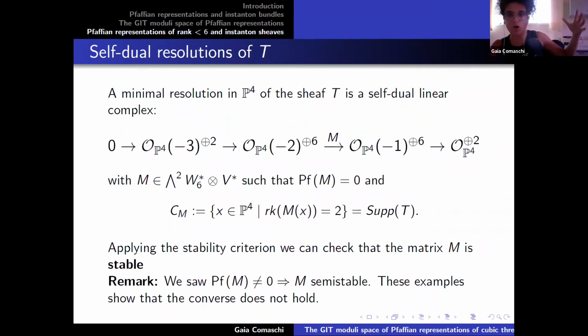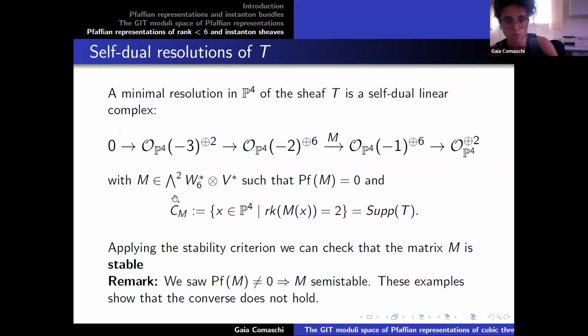So we get a complex of length 3, whose differentials are matrices of linear forms. Here, this differential will be given by a skew-symmetric matrix that this time will have Pfaffian equal to 0, and will be such that the locus of points where the matrix has rank equal to 2 will be exactly the support of our sheaf.